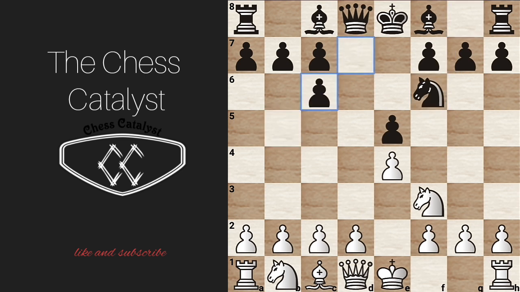Now, these doubled pawns are weaknesses. They are weaknesses, but for now they can't actually be attacked. So they are potential weaknesses. They can't actually be attacked. So these two pawns you see are weaknesses. But for now, since they can't be attacked, you call them potential weaknesses.